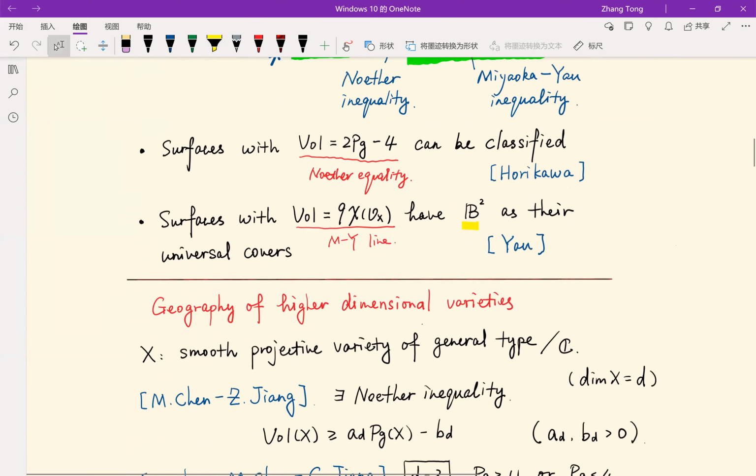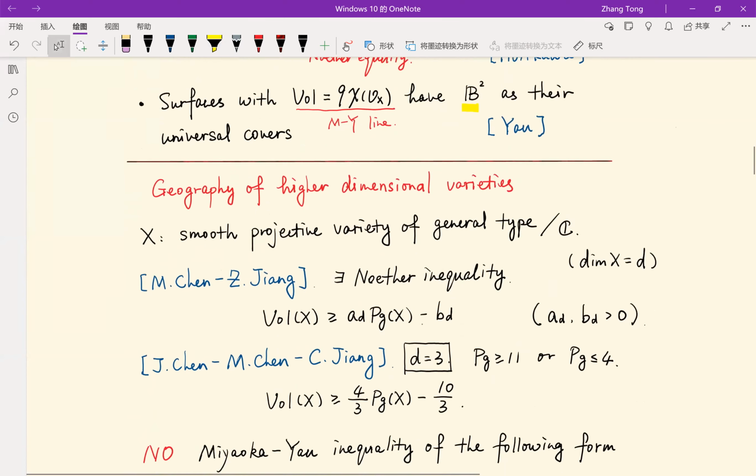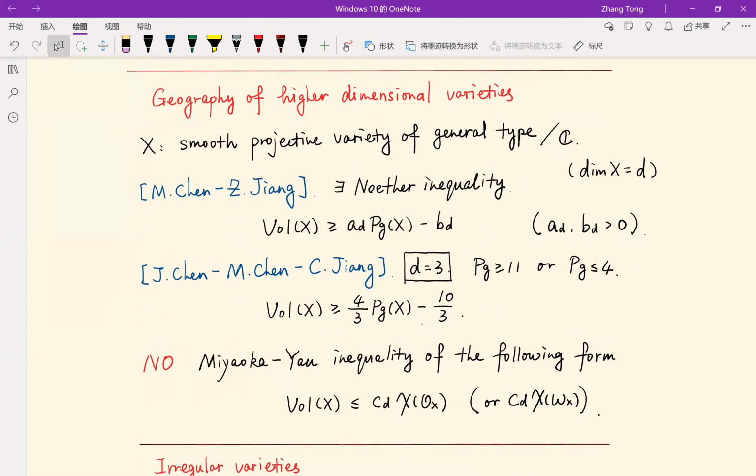And now I want to slightly talk about the geography problem for higher dimensional varieties.